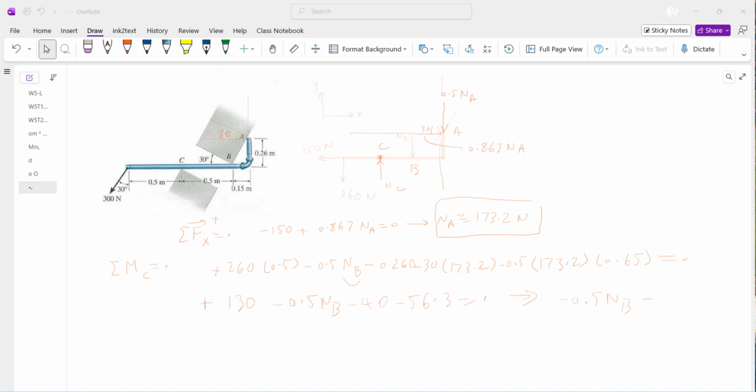So 130 minus 96 minus 96.3, that's 30. So this is equal to minus 33.7, and then your NB is 67.4. 67.4 Newton.